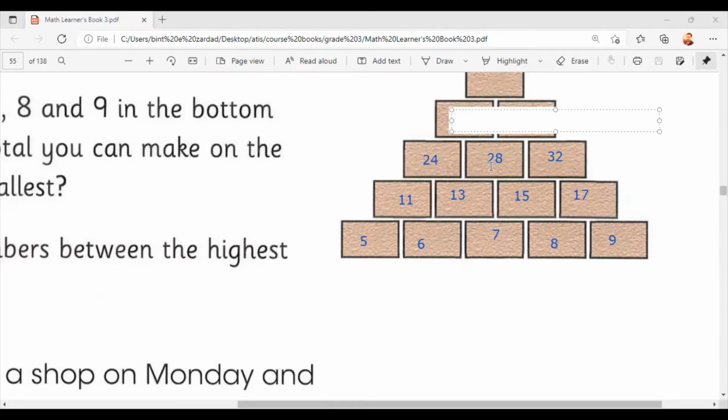8, 12, 1 carry, 52. Now 28 plus 32, 60. After this, one more up. 60 plus 52.